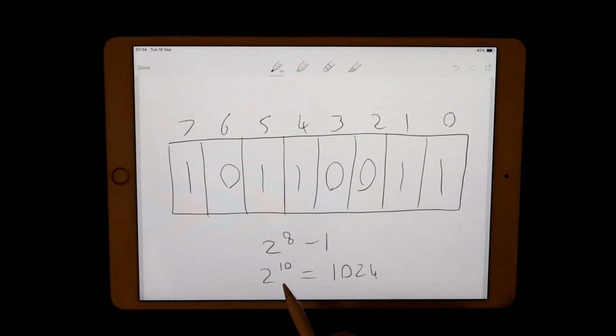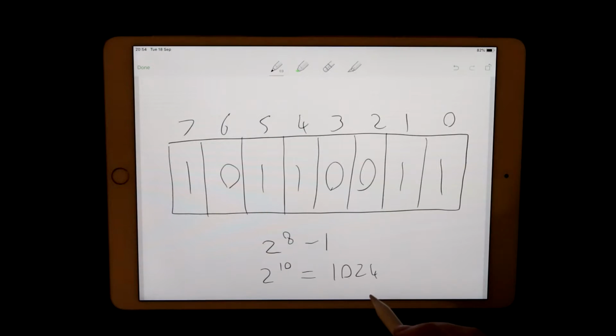In general, every 10 powers of 2, so 2 to the 10, 2 to the 20, 2 to the 30, typically will be the first value that crosses a threshold. So 2 to the 20 is the first value that goes over 1 million, and so on and so on.